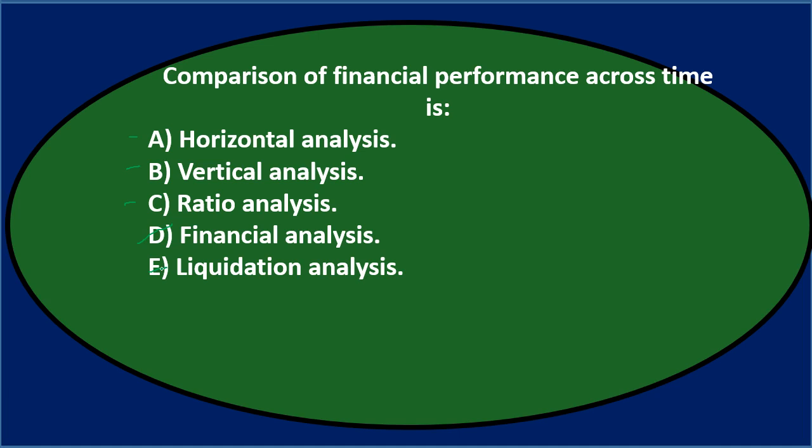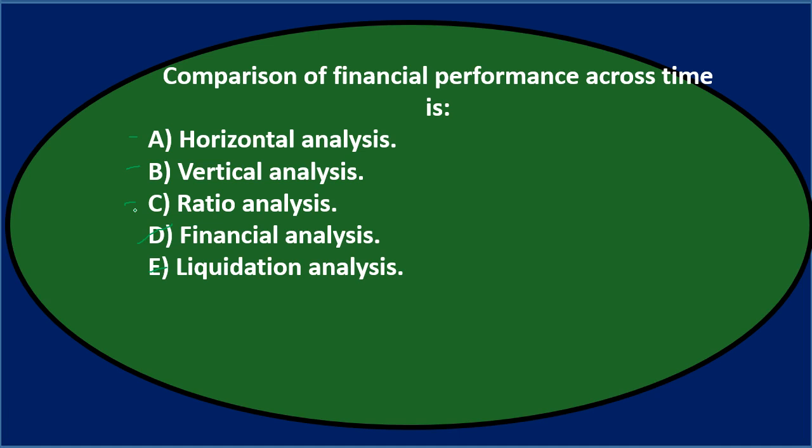Comparison of financial performance across time is either horizontal analysis, vertical analysis, or ratio analysis. Now remember that vertical and horizontal analyses actually take into consideration some ratios, but ratio analysis usually uses those defined ratios where we're picking and choosing specific items within the financial statement. We might have some that compare across time, but that's not necessarily the case.